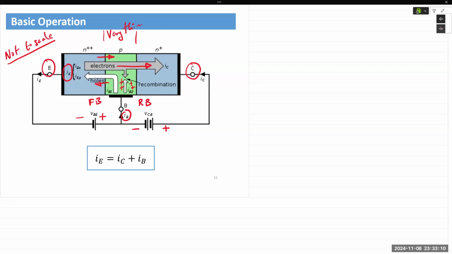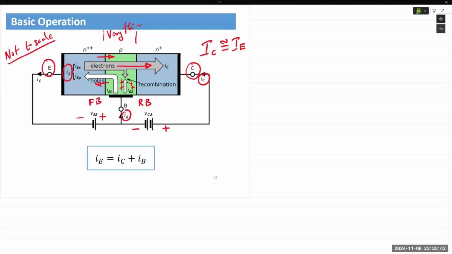And that by far is the reason for the collector current, IC, being very, very close in value to IE. So even though the collector base junction is reverse biased, we have heavy current flow due to the unique fabrication of the BJT.